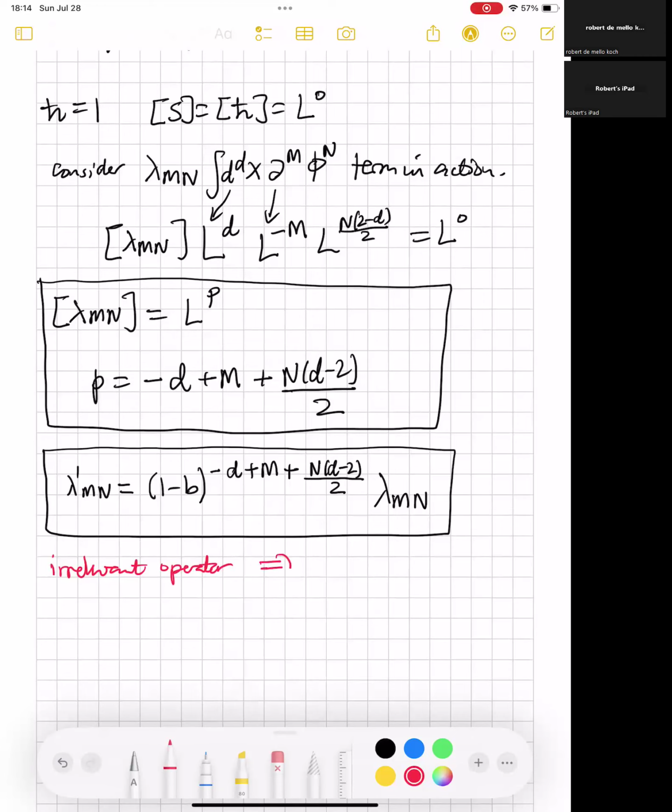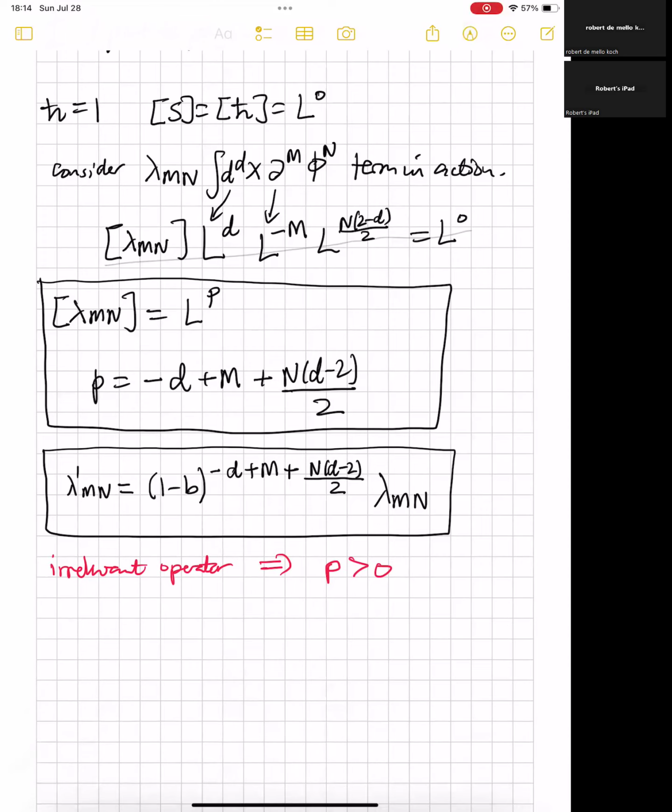It means that p has to be greater than 0. So this means that any coupling with a positive length dimension corresponds to an irrelevant operator.